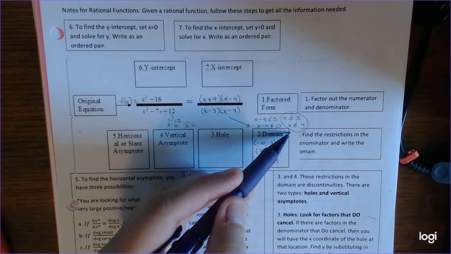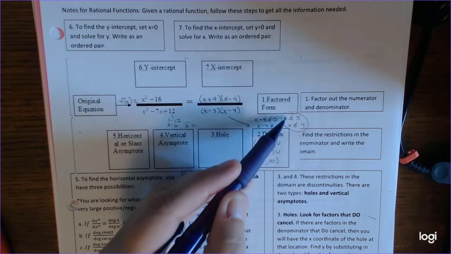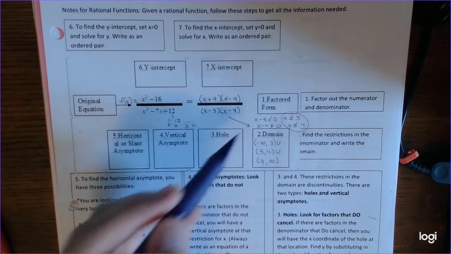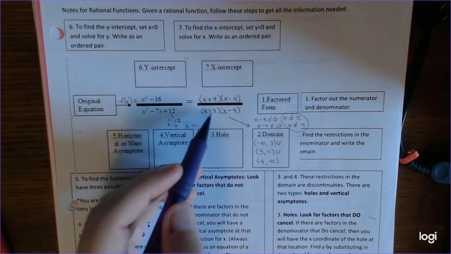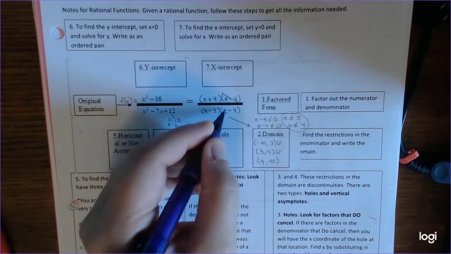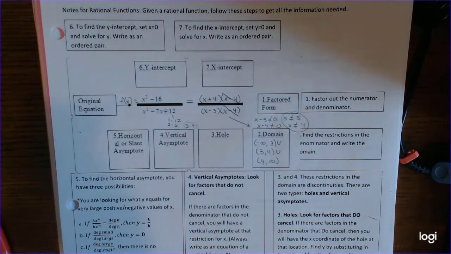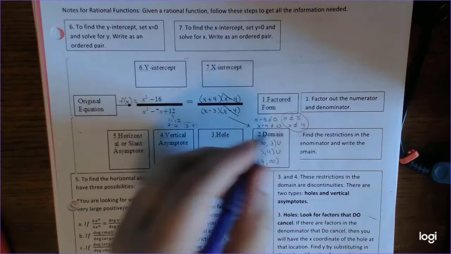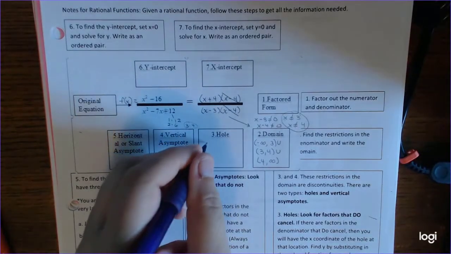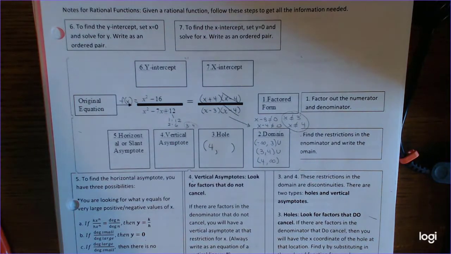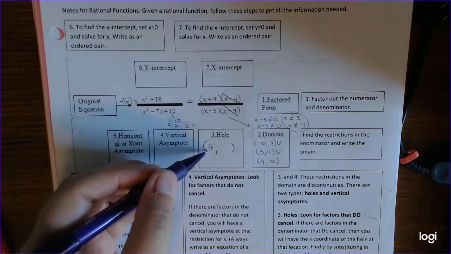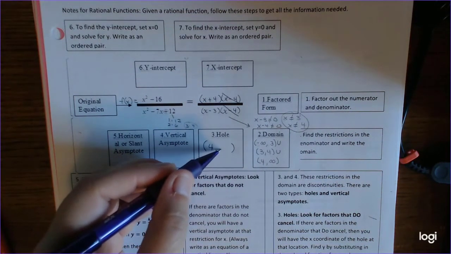All right, now that you've written down the domain, if you've written down the restrictions, now it's time to look and see if you can cancel anything. These restrictions are going to show up as either vertical asymptotes or holes. Okay, so if you look here, notice that the factors x minus 4 cancel. Okay, that's going to turn that restriction x cannot equal 4 into a hole, and a hole shows up as an ordered pair. Okay, so how do you find that y-coordinate partner with that hole?